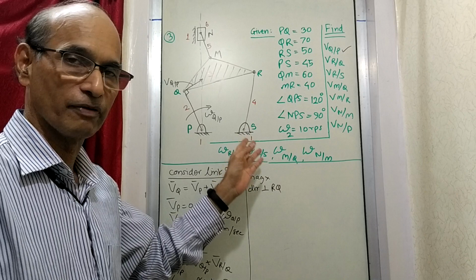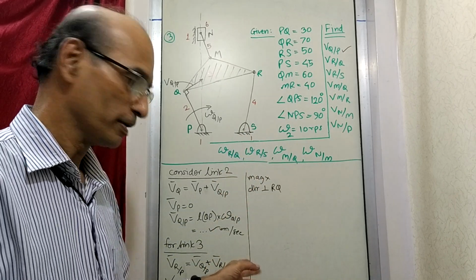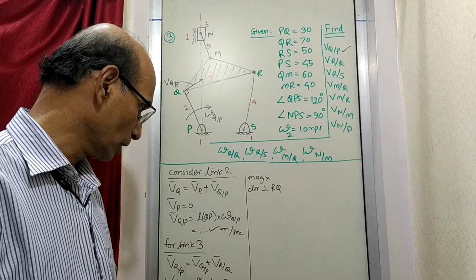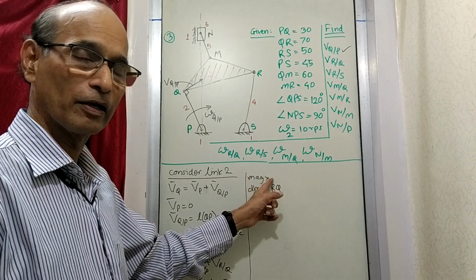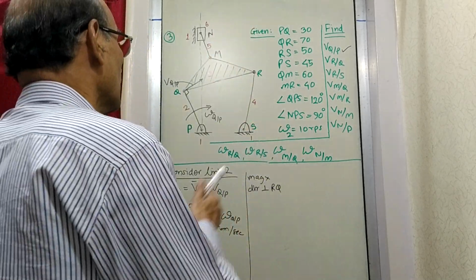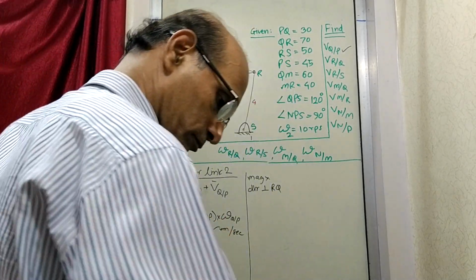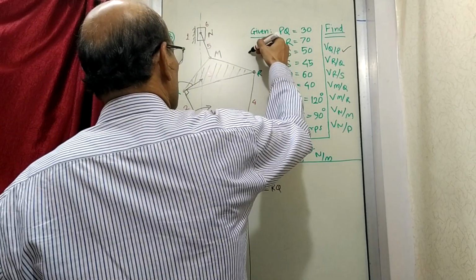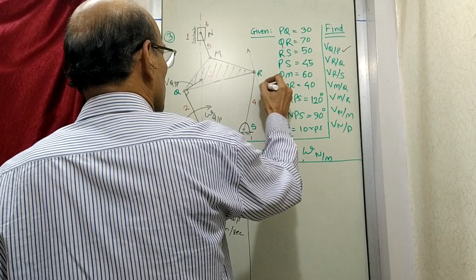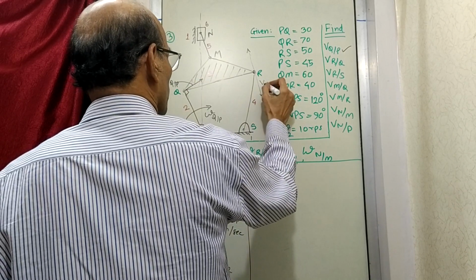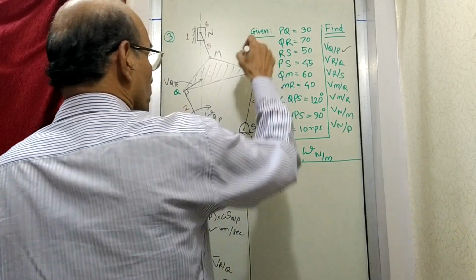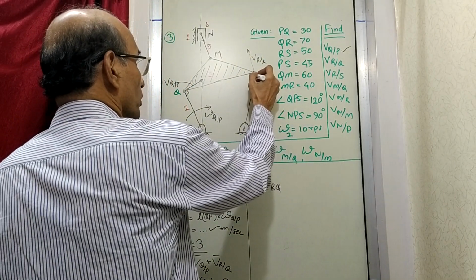Maybe the point names are different, but we are going the same way. We don't know the magnitude because we don't know the angular velocity, but the direction is perpendicular to QR. So on this line, either like this or like this, it will be velocity of R with respect to Q, one of the two. This is drawn perpendicular.